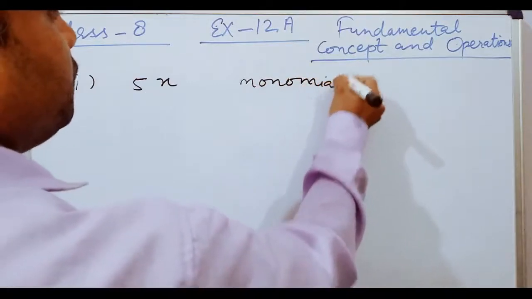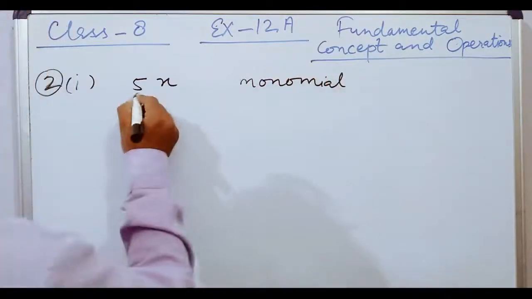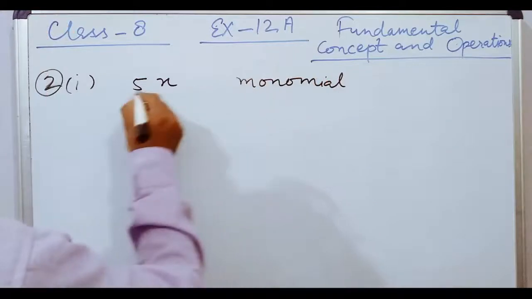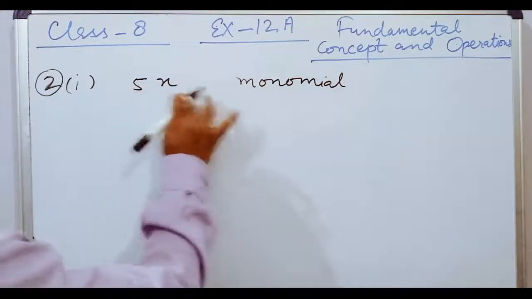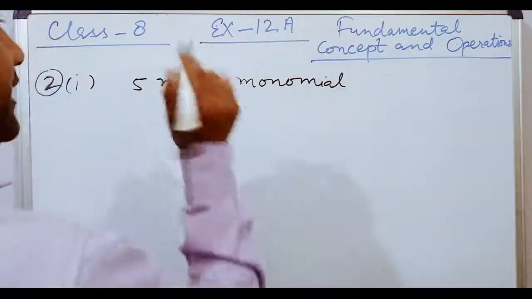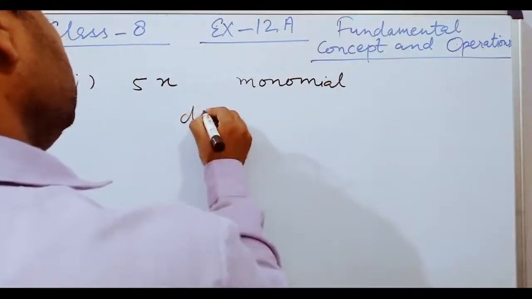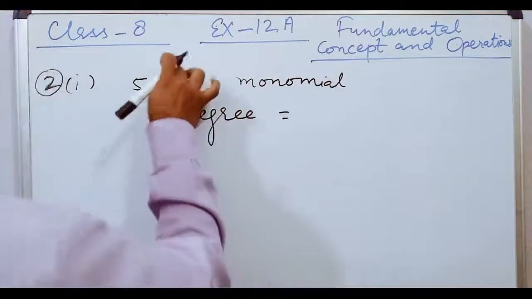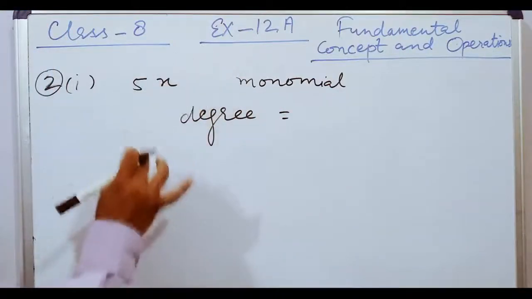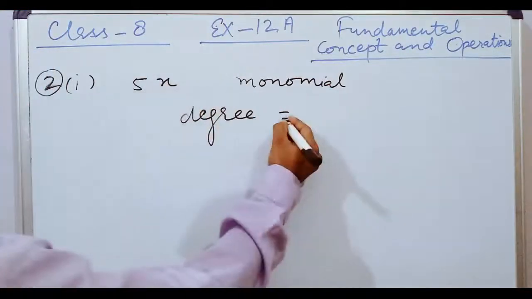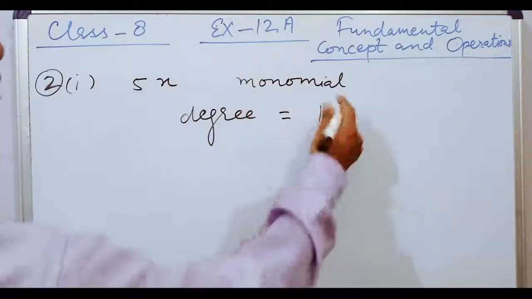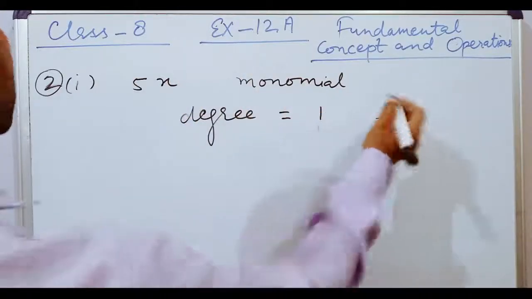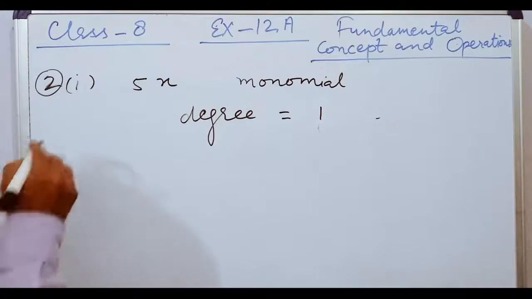Because one term only. One term is monomial. And degree: power of variable is 1. So monomial of degree 1.